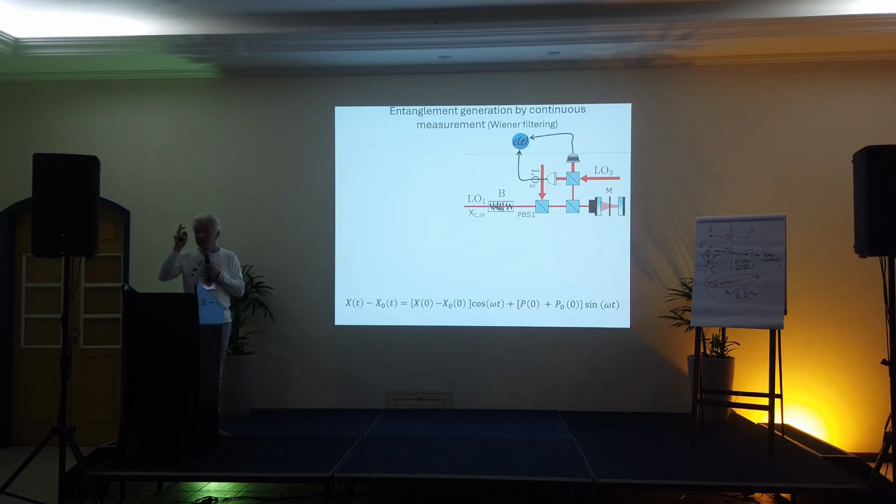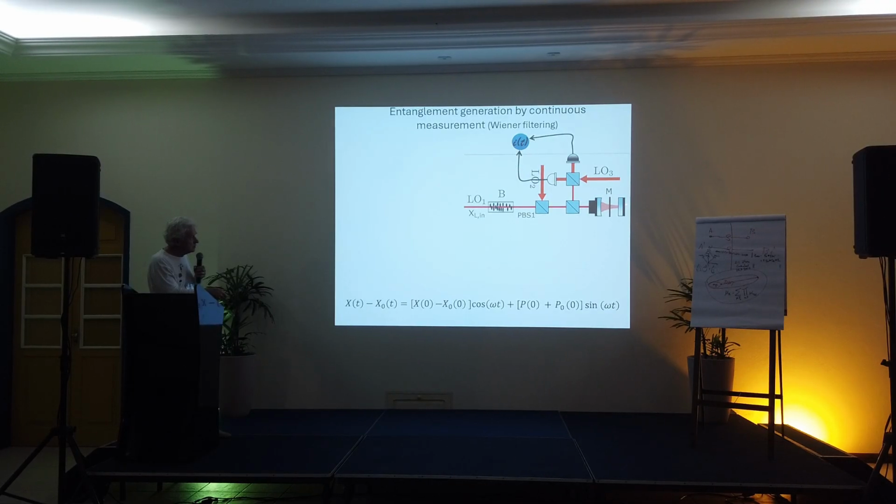So for mechanics, quantum fluctuations and the driving field are in the same polarization. So we need to strip off this local oscillator here, and that's what this polarizing beam splitter is doing. And then we add another local oscillator and interact with the mechanics, come back and do the homodyne measurement of the field that comes through.